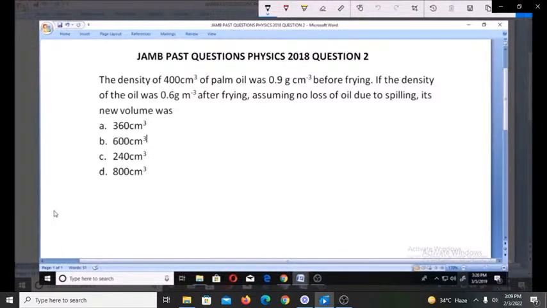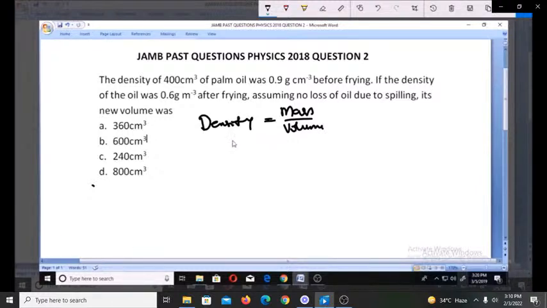Now, for us to solve this, we need to know the formula for density. Density is simply the ratio of mass all over volume. That is what density is.